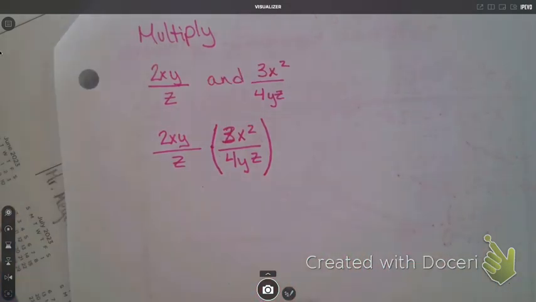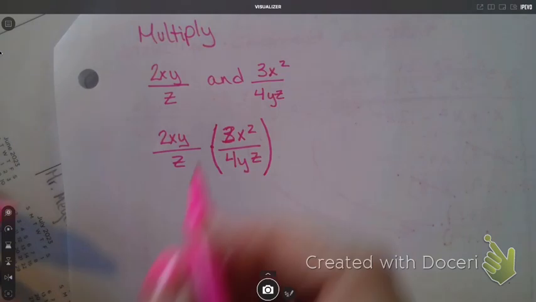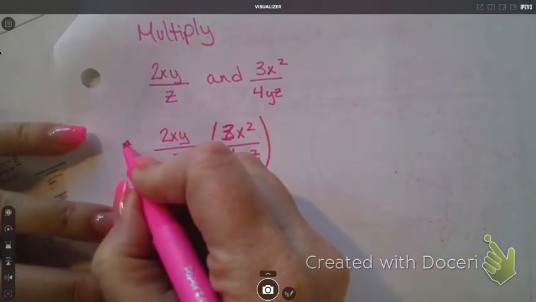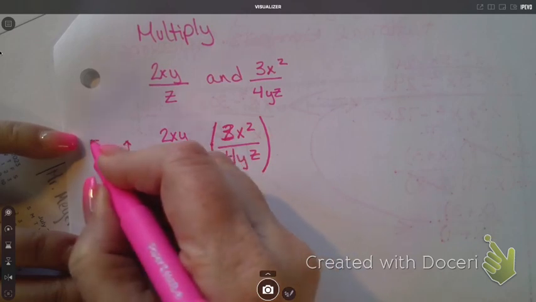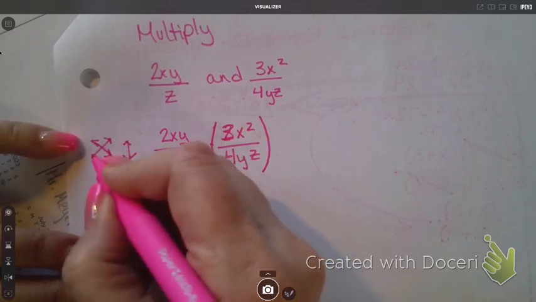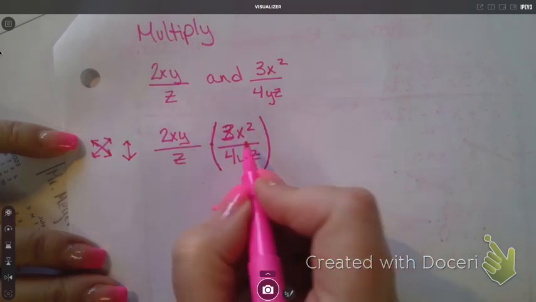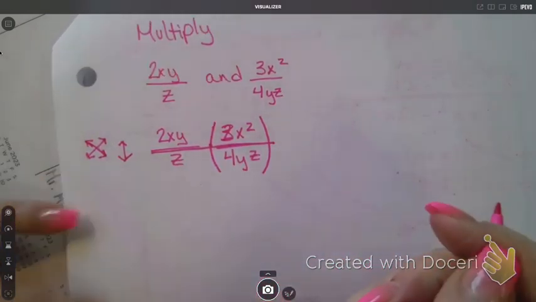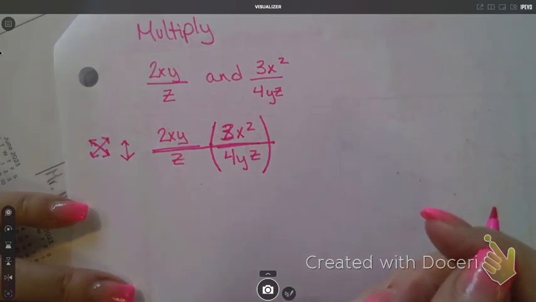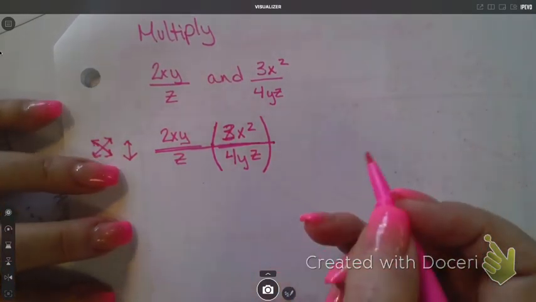Because we multiply across. So we can multiply up or down, or what? Diagonally. And honestly, when you have a multiplication of fractions, watch this. Don't you just have one big fraction? Yeah. Okay, so what can we reduce?